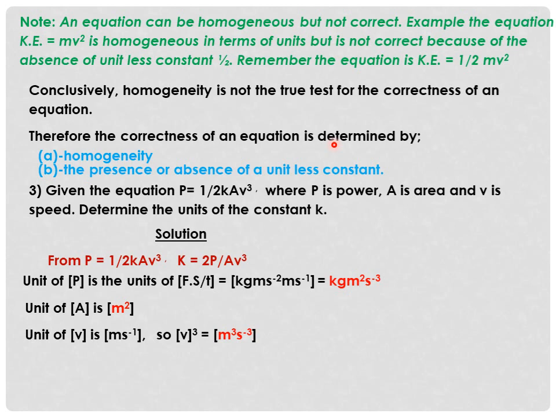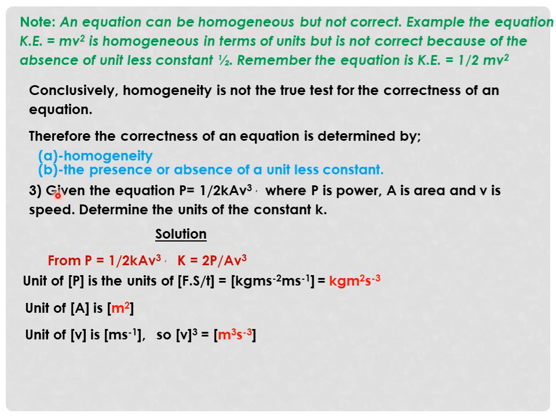Homogeneity does not take into account the presence or the absence of a unitless constant. When we are working out the homogeneity of the unit of an equation, we cannot determine the presence or the absence of a constant.